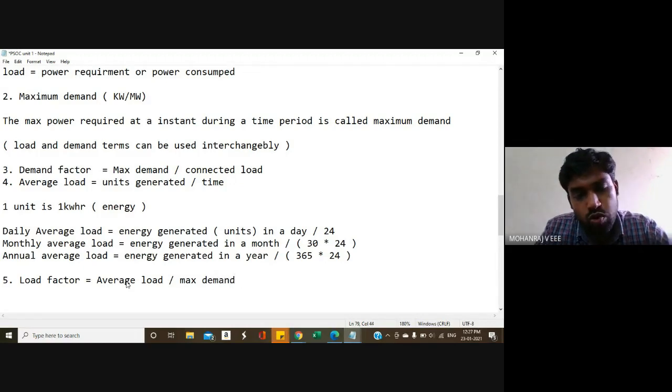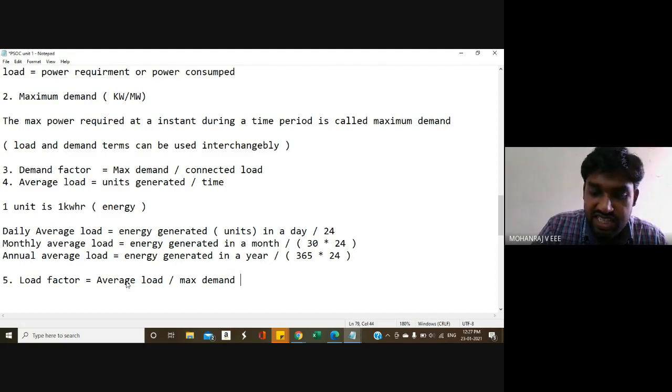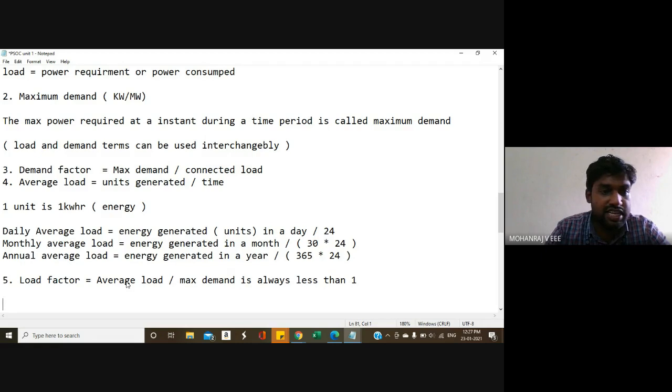You know what average load is, we know what maximum demand is. So the ratio of average load to maximum demand is known as load factor. It is always less than 1. Your load factor will always be less than 1. That is about your load factor.